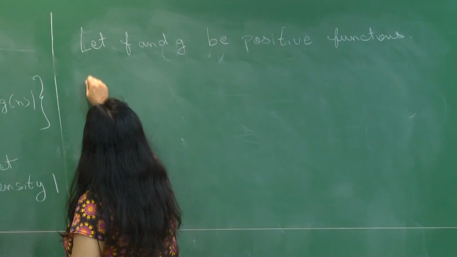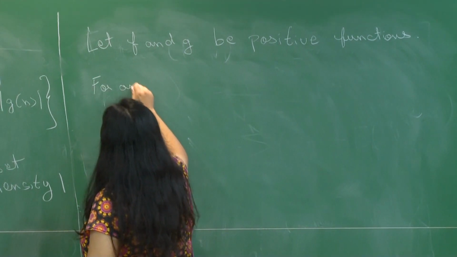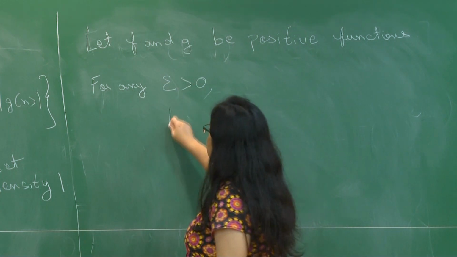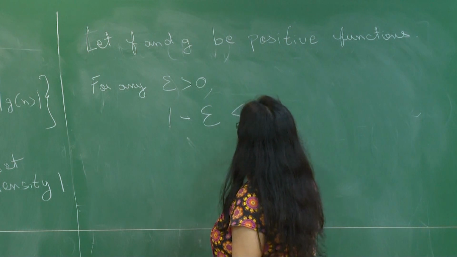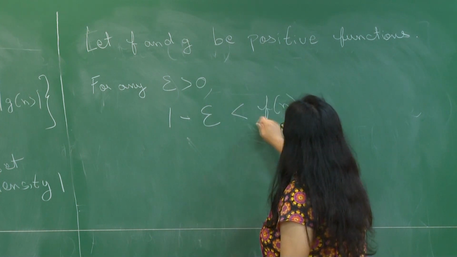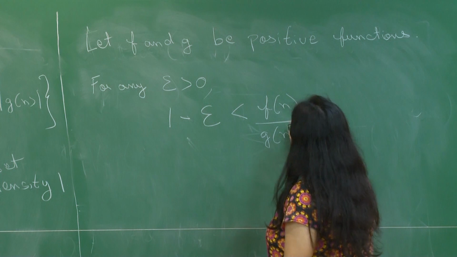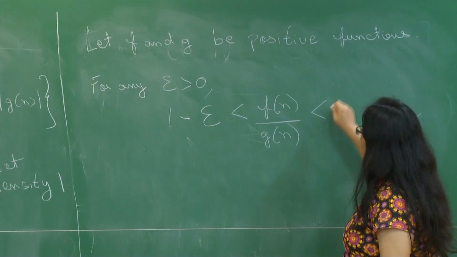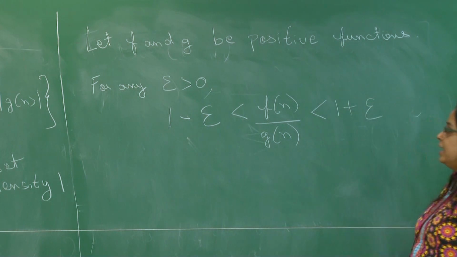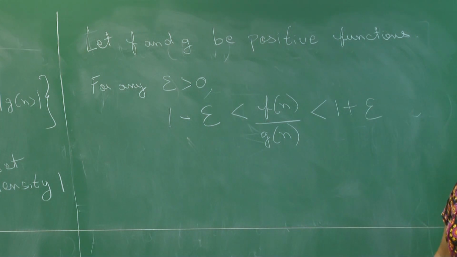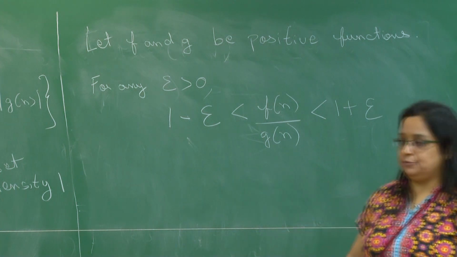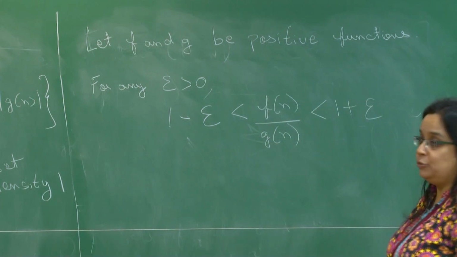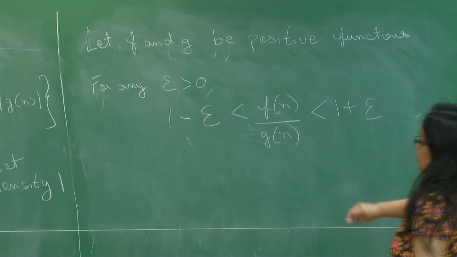This is very interesting: for any epsilon greater than 0, the inequality f of n over g of n is greater than 1 minus epsilon and less than 1 plus epsilon holds almost everywhere. Whenever we say that it holds on a set with density 1, it is a short form of saying the same thing: it holds almost everywhere on the naturals.